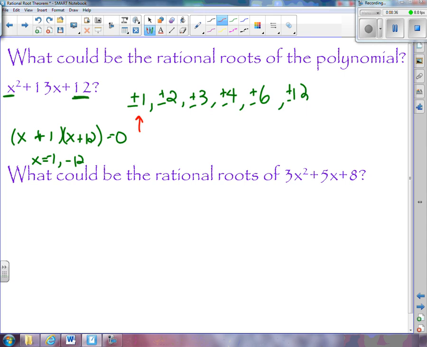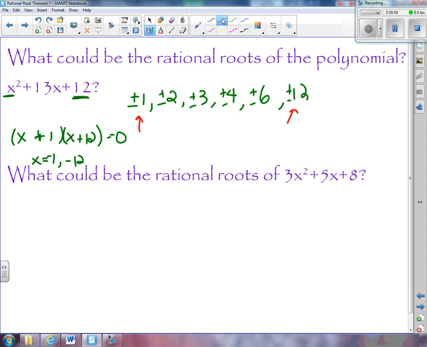Here I have negative 1 and here I have negative 12. What we're saying is that there's no way for you to get x equals 5 as an answer or x equals 7 as an answer. The only possible rational answers are the ones that we've listed. That's what the rational root theorem says. Let's try one more example.